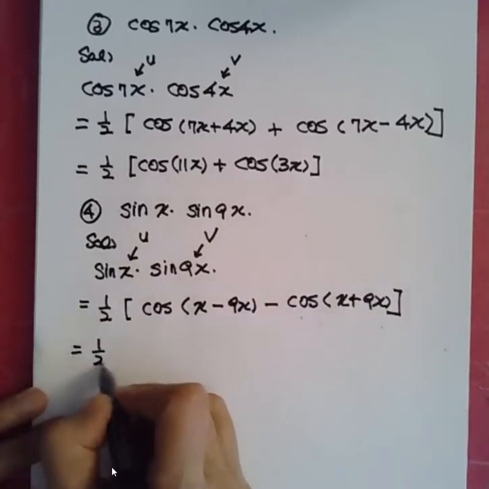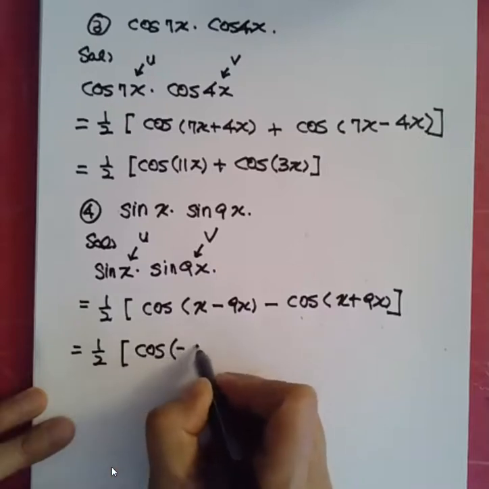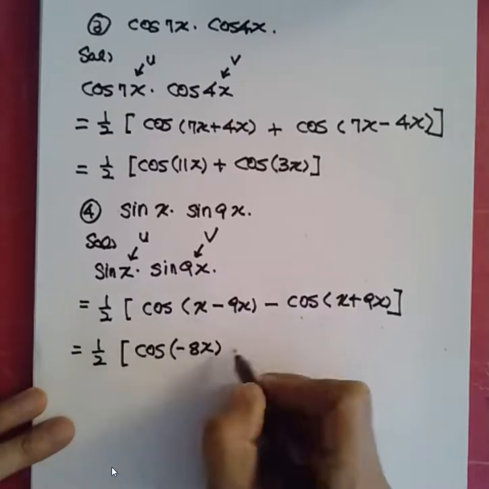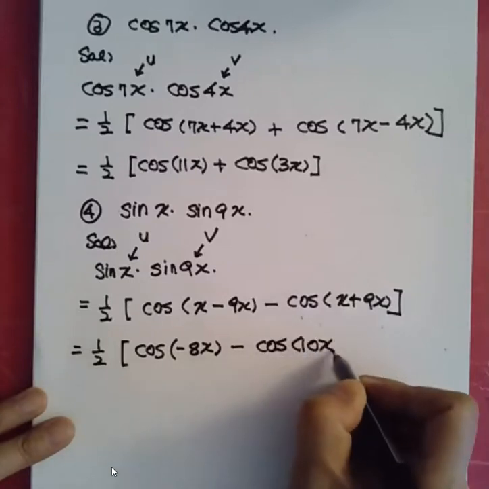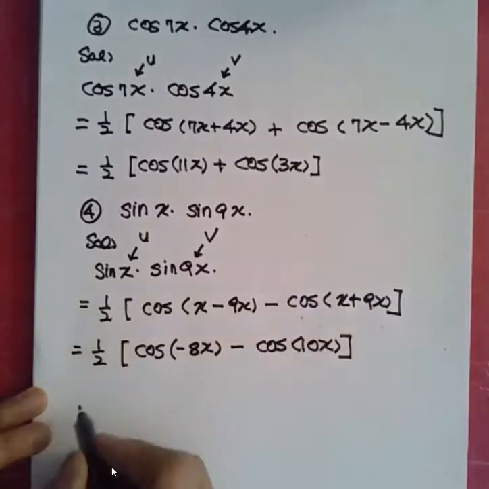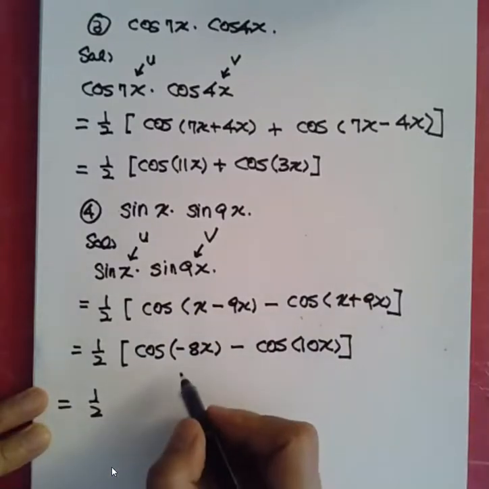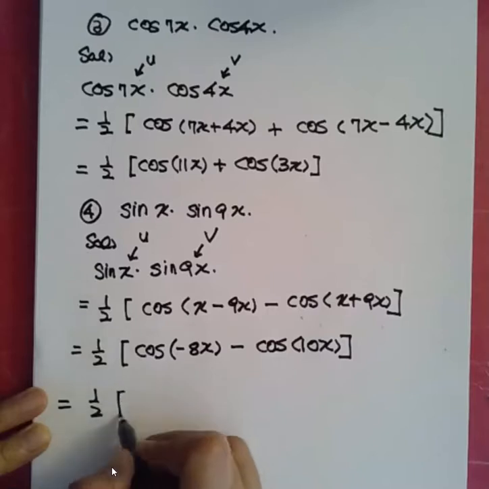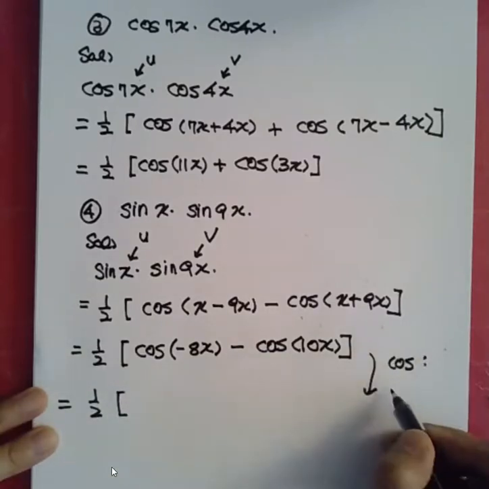That means 1/2 times cosine of minus 8x minus cosine of 10x. This time we want to use the even function property of cosine.